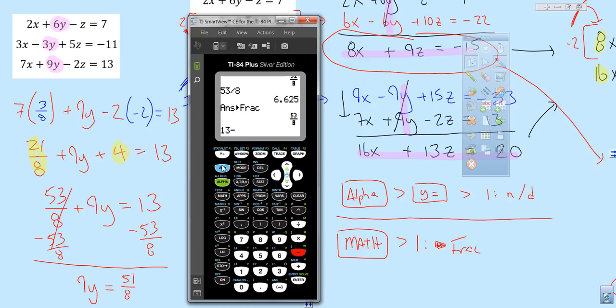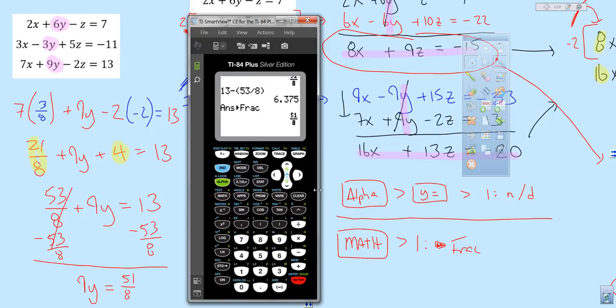You can just say second, answer, and it pulls the previous answer, just the last one, down. You press enter, and it gives you your solution. So it actually did that right there. You could always just go 13 minus 53 divided by 8 also, and then Math, Fraction, and it'll convert it for you.